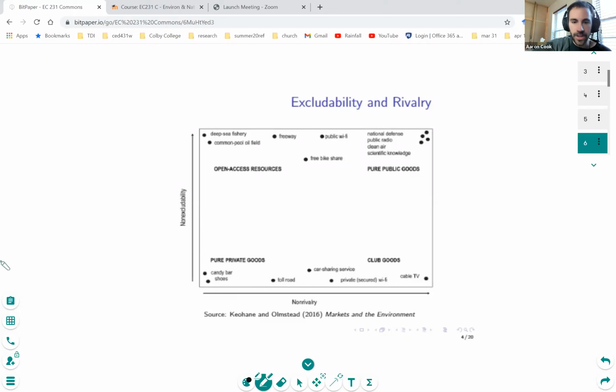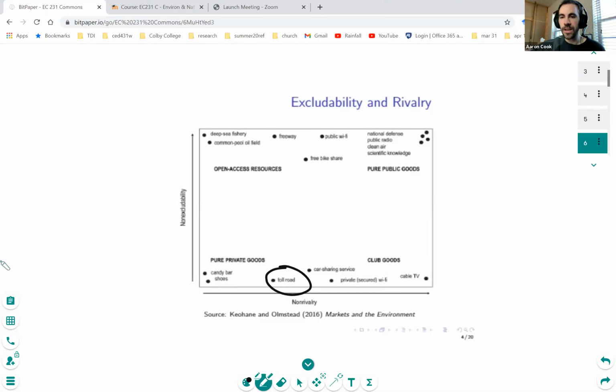There are other goods, like a toll road. It's excludable because you have to pay in order to get on. There's a gate that prevents you from entering. But you going on the toll road doesn't really prevent other people from going on, except to the extent that you increase the congestion a small amount.